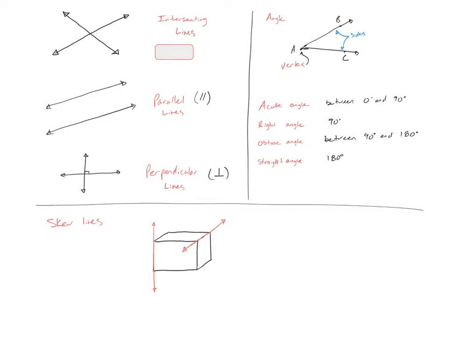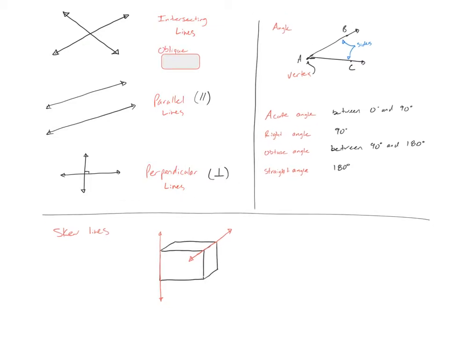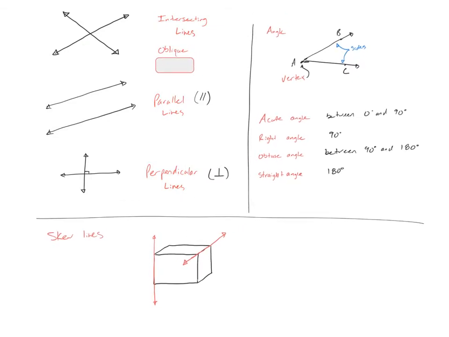Now, if they intersect and they're not at a right angle, like this example up here at the top, when they intersect but this angle in here is not 90 degrees, then we call them oblique lines. So if they intersect but not at a right angle, we call them oblique.